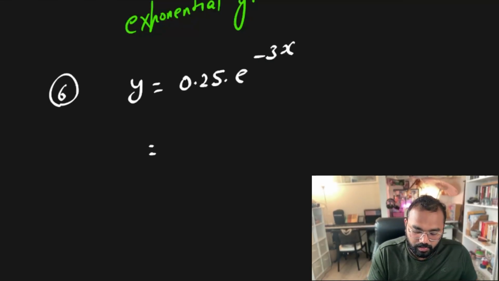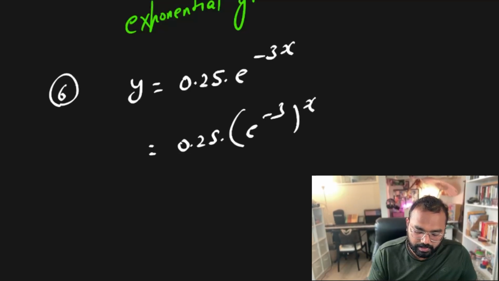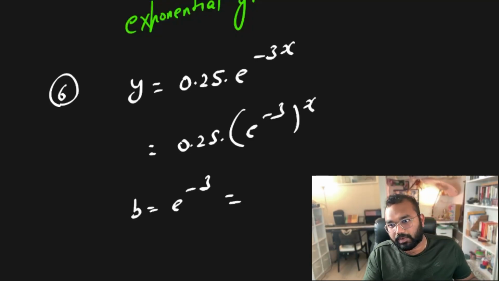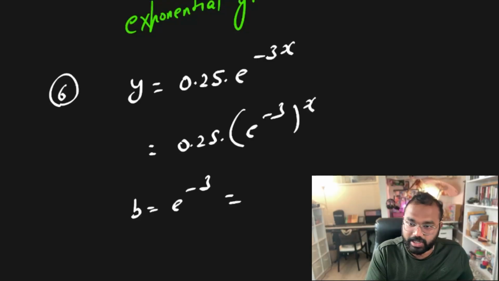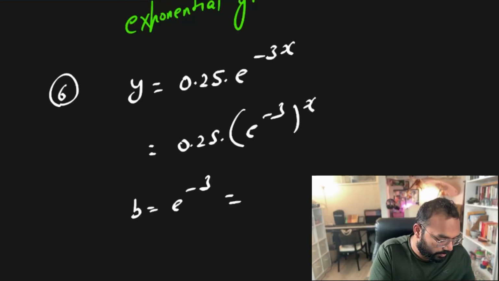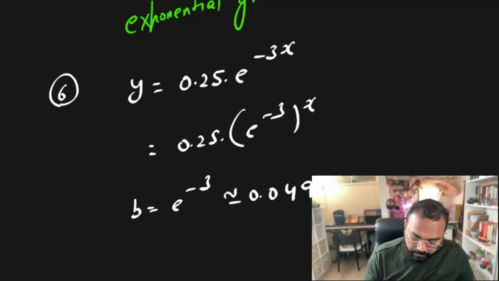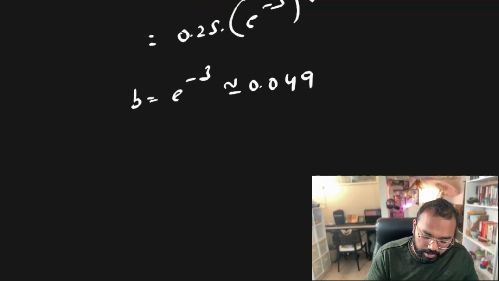Since we have a negative exponent, it is most likely going to be your exponential decay model. But I'm just going to find that value. e to the power of negative 3 is approximately 0.049. So this is an example for exponential decay.